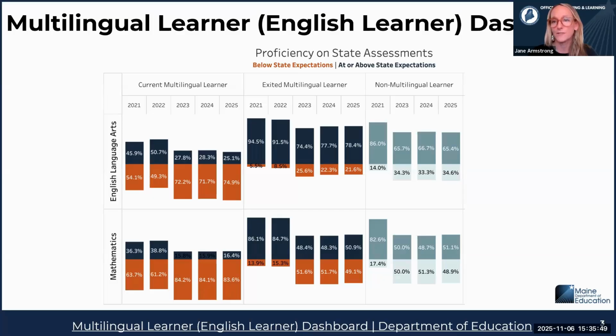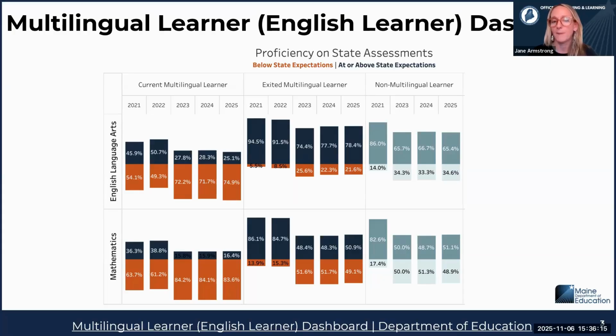So I think that's really important to highlight here because that is something that sometimes we don't share that narrative. And it's really important that we are looking at where are we succeeding? Where are we seeing growth? So that 13% in 2025 of MLs outperforming never or non-MLs is something to really think about.